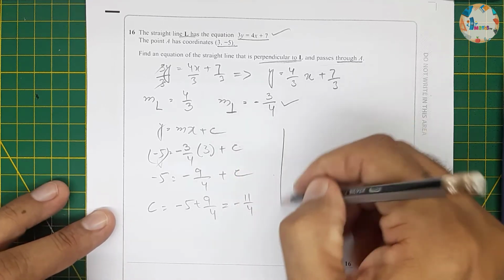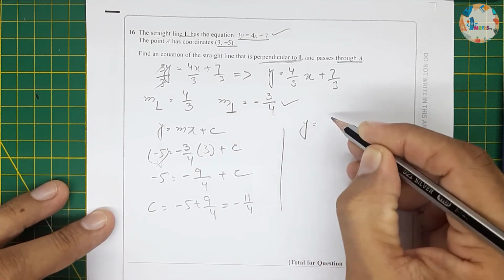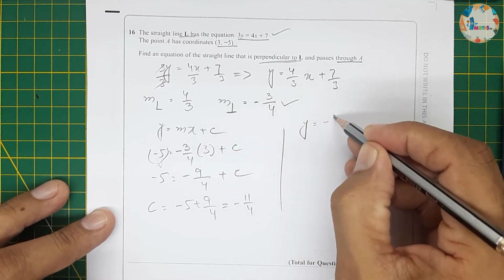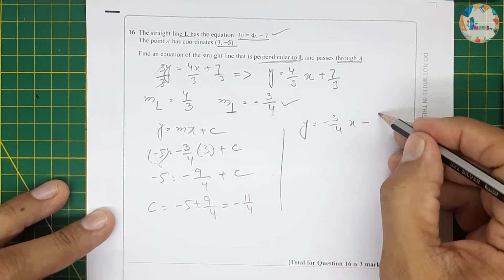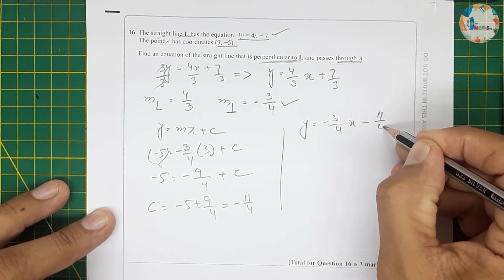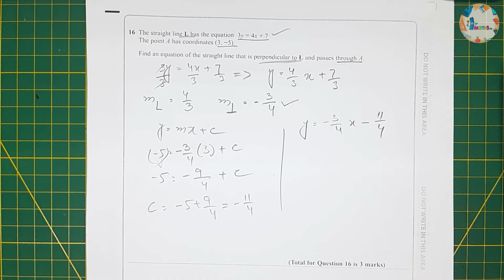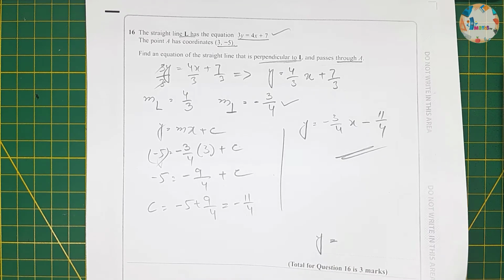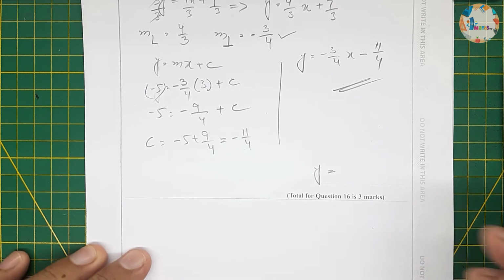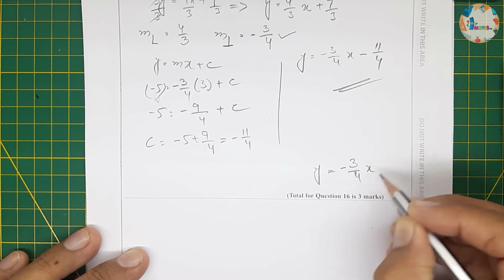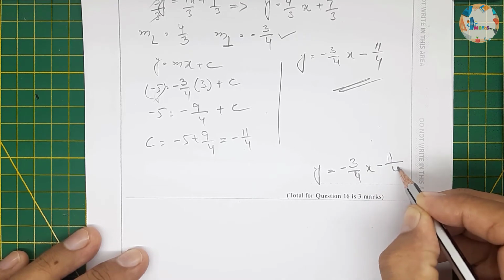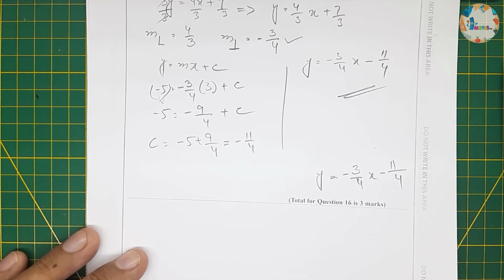So we can write the equation y = mx + c, with m being minus 3/4 and c being minus 11/4, and this will be our final answer for this question. So y = -(3/4)x - 11/4. This will be the required equation.